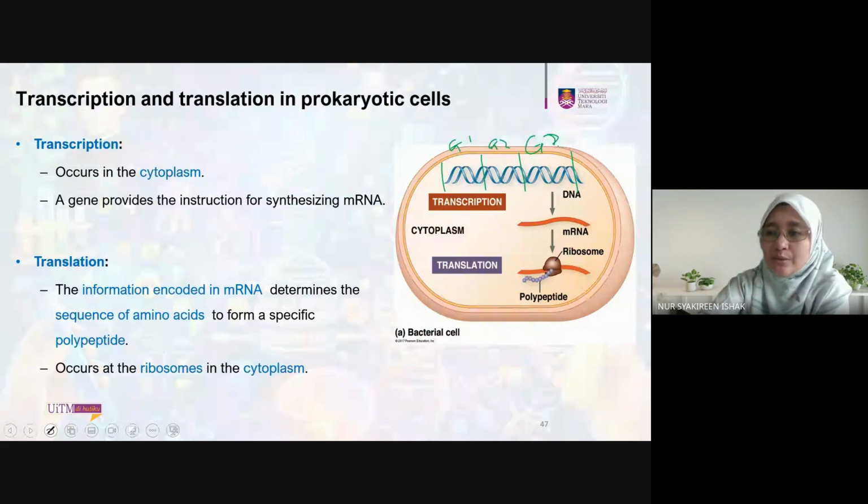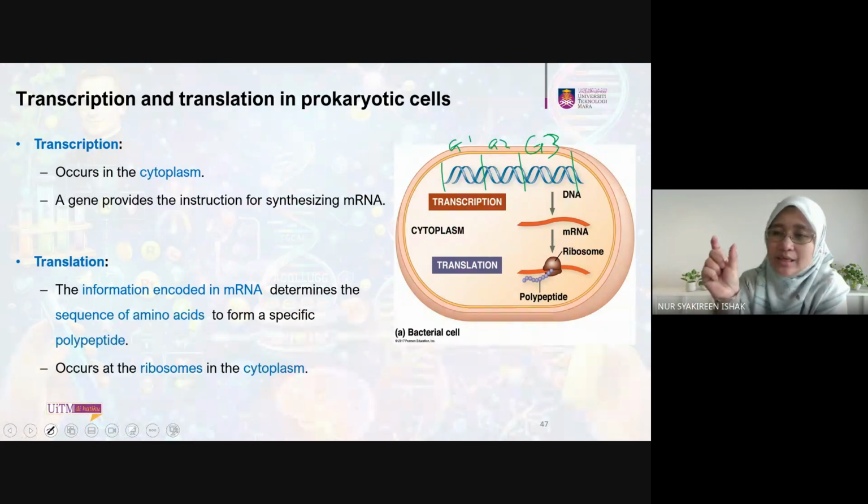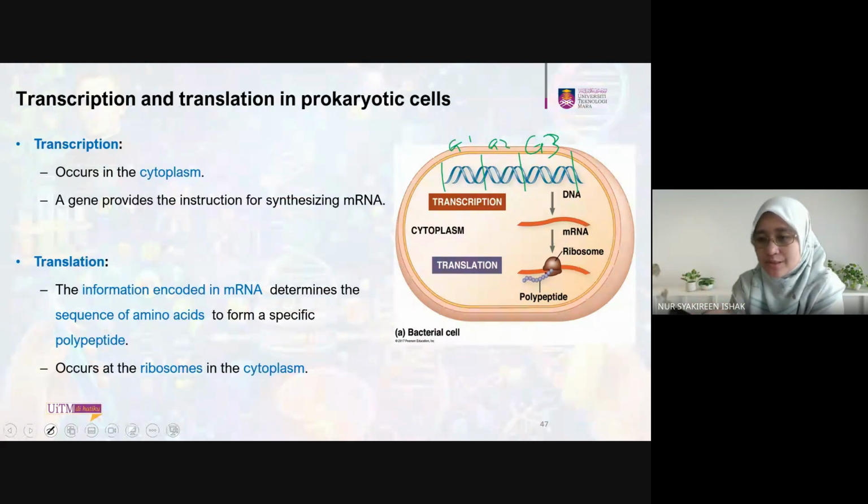At this moment, information from gene 3 is required to produce a certain enzyme. So only information from gene 3 in the DNA is required in the process of transcription and translation. Information from gene 3 is copied through transcription to produce mRNA.